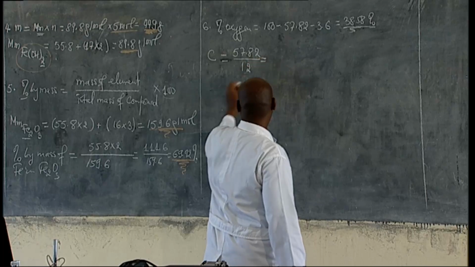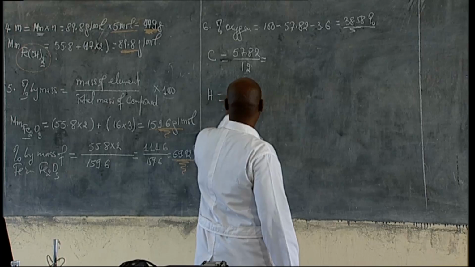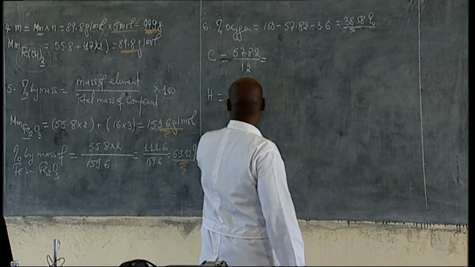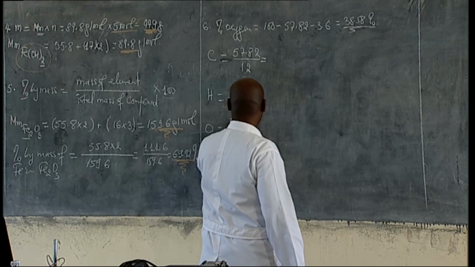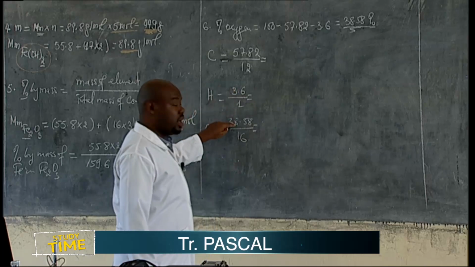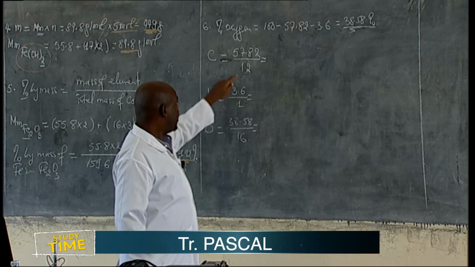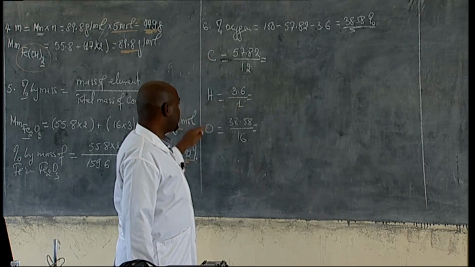We will see what we get. For hydrogen, we have 3.6 over 1, and for oxygen, it's 38.58 over 16. These are masses in 100 grams, and these are molar masses for these elements, okay?